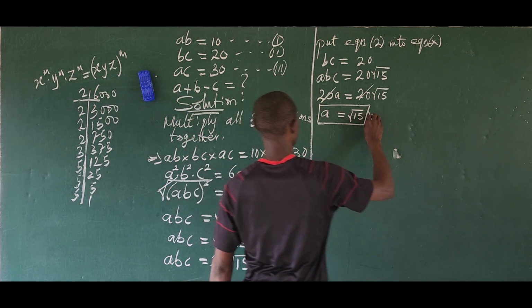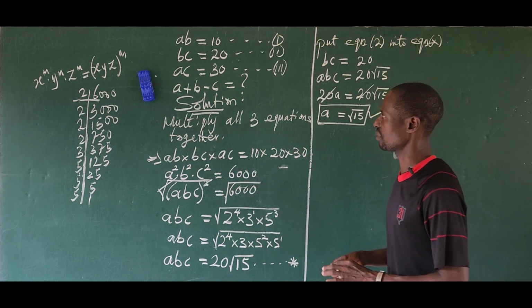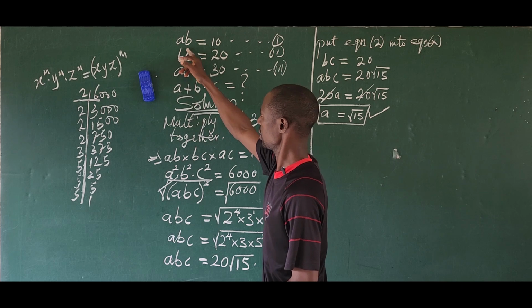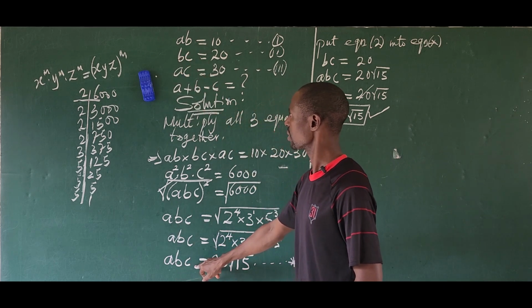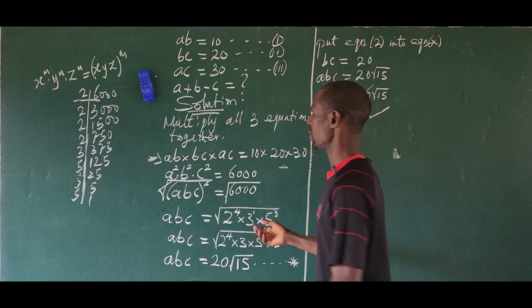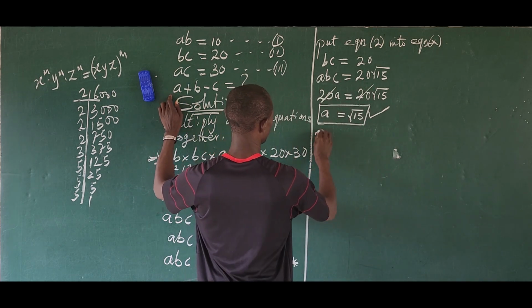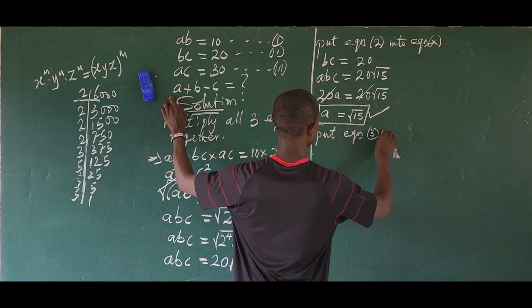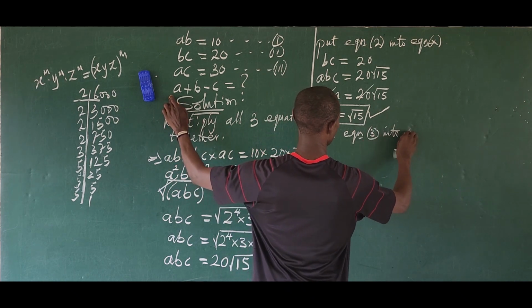All right, so let's keep this and we go to the one that will give us our b. Now, look at this again. If we pick this, ab will leave the system, so we'll be left with c. So if we pick this, we have ac will leave to give us b. So let's put equation 3 into equation star.